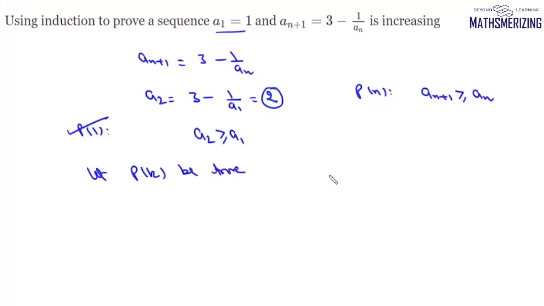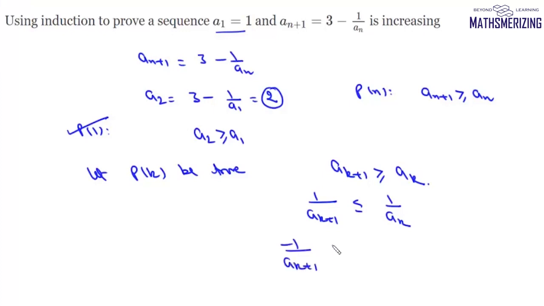If Pk is true, then we can write ak plus 1 will be greater than or equal to ak. Now 1 upon ak plus 1 will be less than or equal to 1 upon ak. Now we multiply with minus 1, we can write 1 upon ak plus 1 will be greater than or equal to minus 1 upon ak, and then we'll add 3 on both sides.